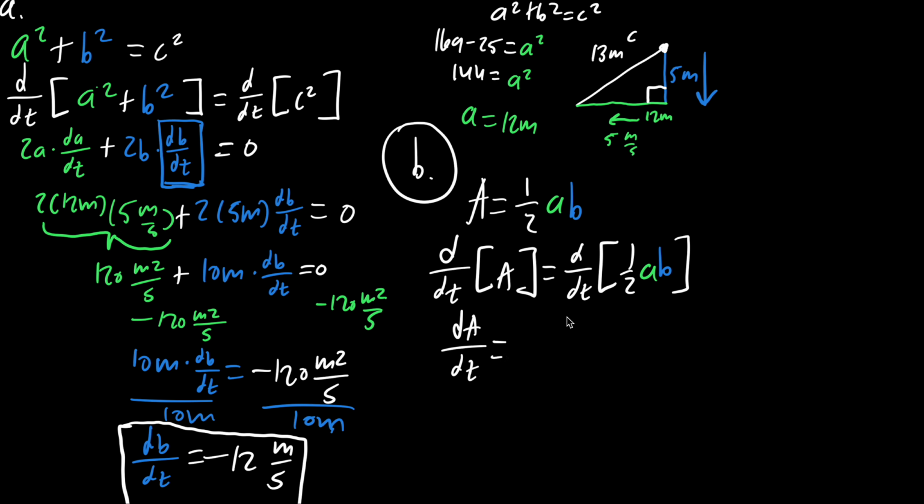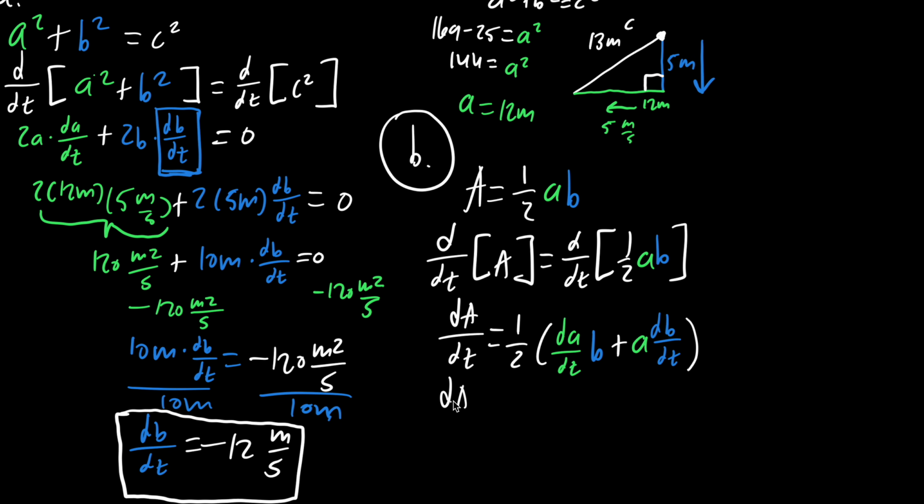And then the derivative of this, according to the product rule, is, let's see, should be derivative of A with respect to time times B plus A times derivative of B with respect to time, and then yeah, at this point we can just plug and chug.